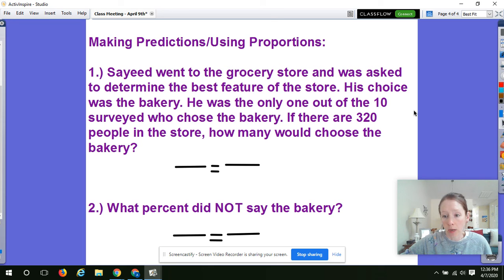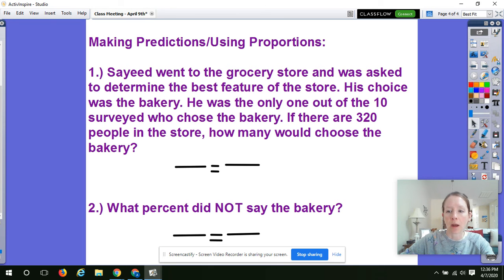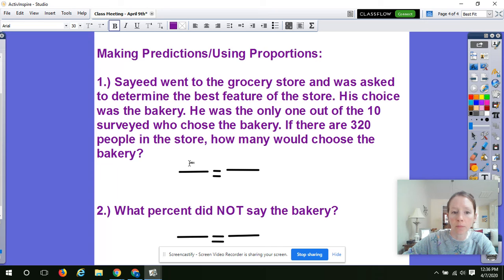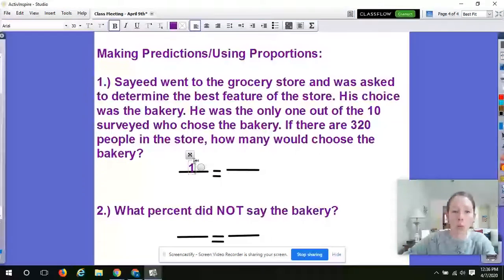So this is a prediction. We don't know exactly, but the person who was doing the survey surveyed 10 people, and Saeed was 1 out of 10 that chose the bakery. So we're basically making a prediction. If 1 out of 10 chose the bakery, how many, that's our X, out of 320 might say the same.